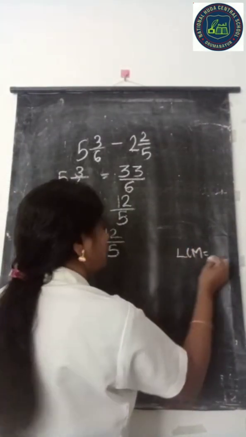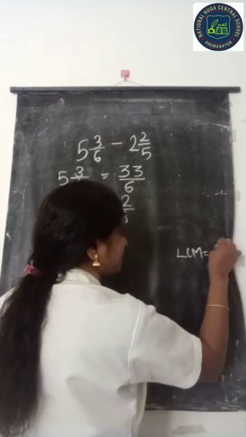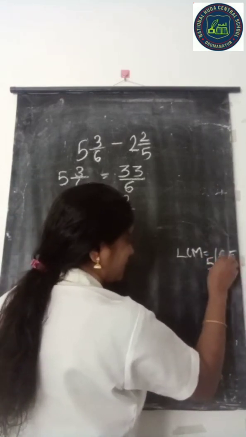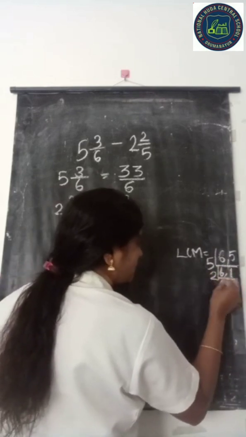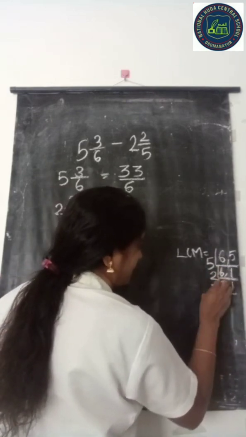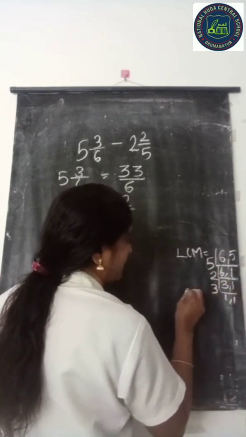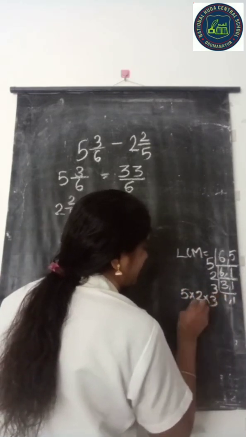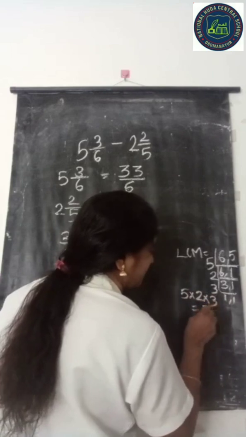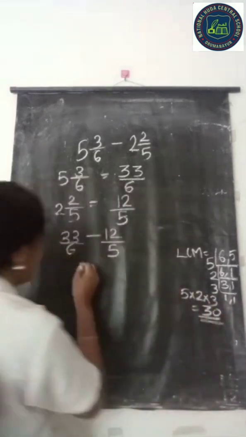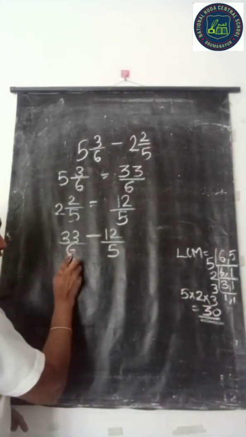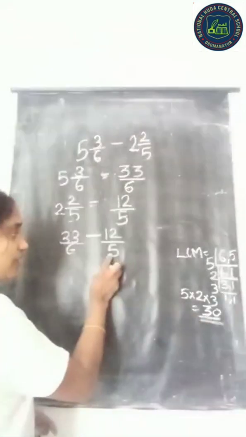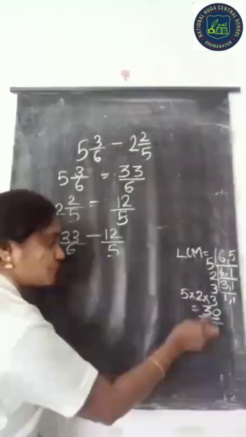LCM is equal to 5 into 2 into 3. That's equal to 30. That means here the denominator is 6 and we have to change this to 30. Here also 5 must be changed to 30.